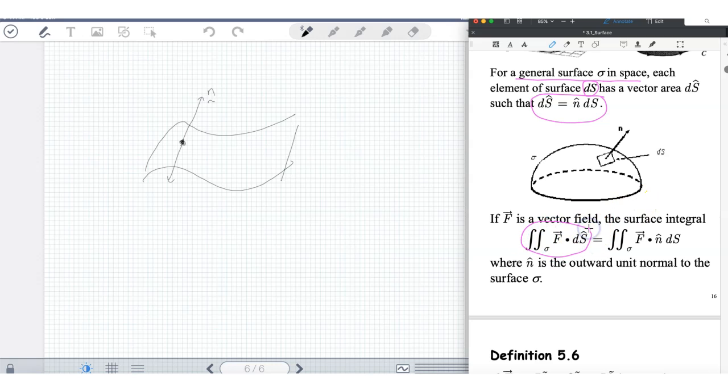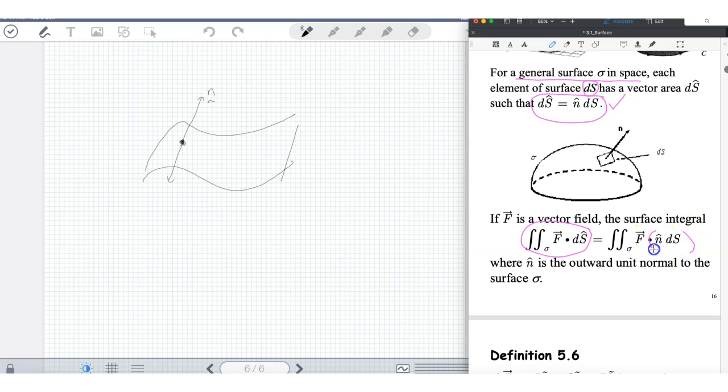This is the original form of the surface integral of a vector field, where you have F dot dS. But since we know that dS, a vector, is equal to n, the unit normal vector, multiplied by dS, it can be converted into this one.